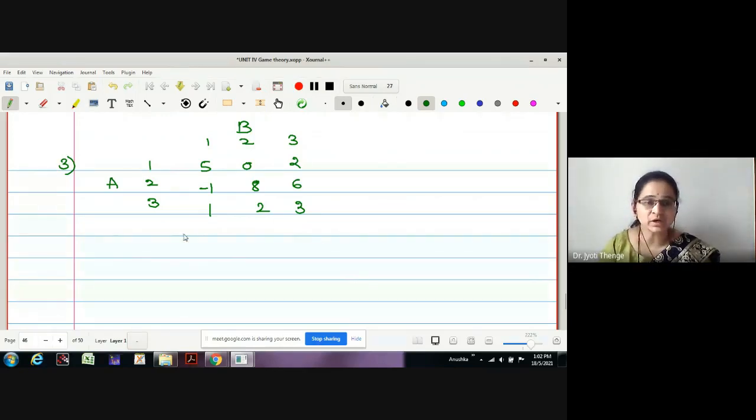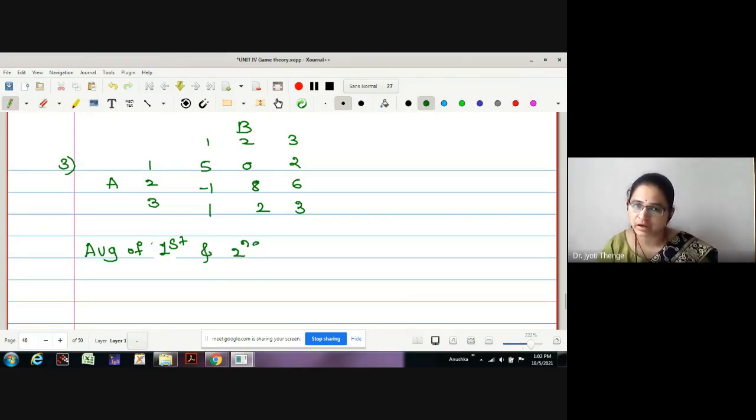Okay. Now what we will do? We will find out the average of the first and second row. What is the average? Average means addition and divided by 2.